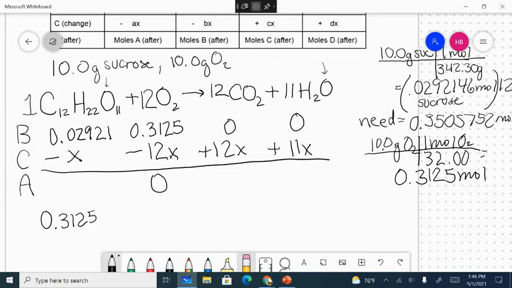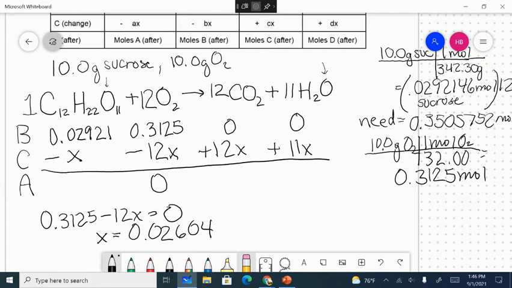Okay, so 0.3125 minus 12x equals 0. I solve for x, and I get a value of 0.02604 for x.